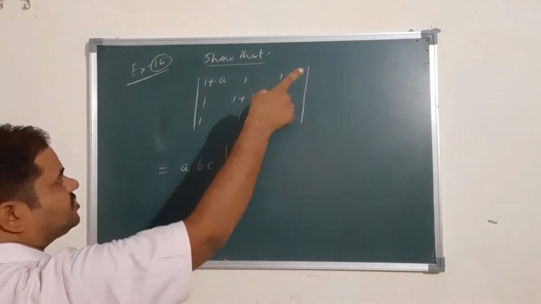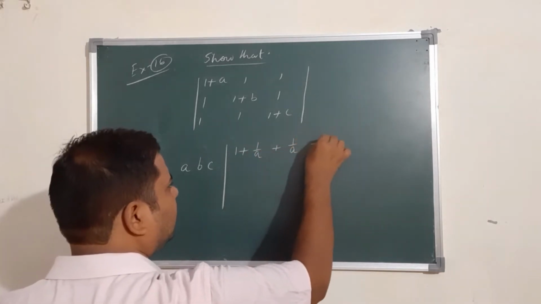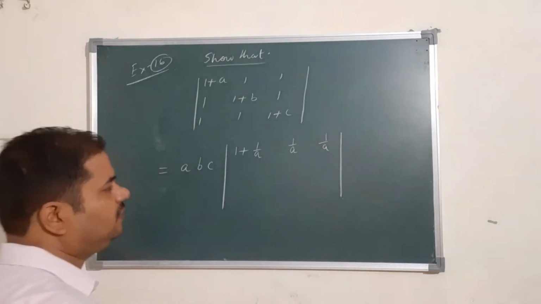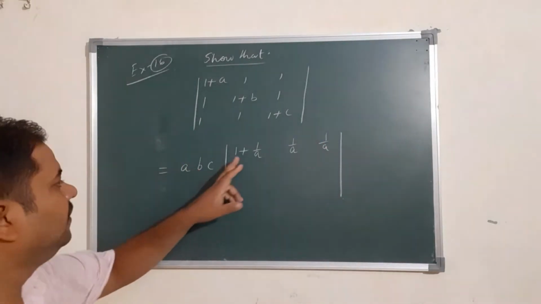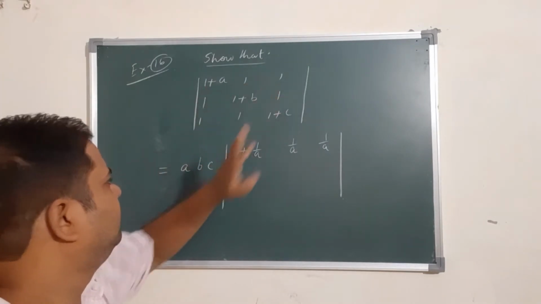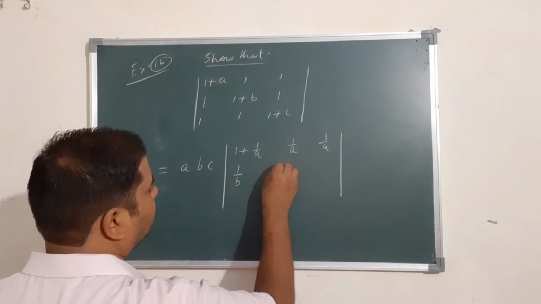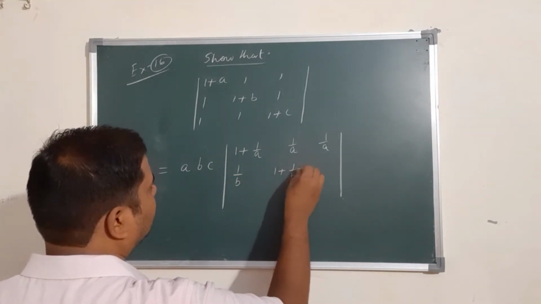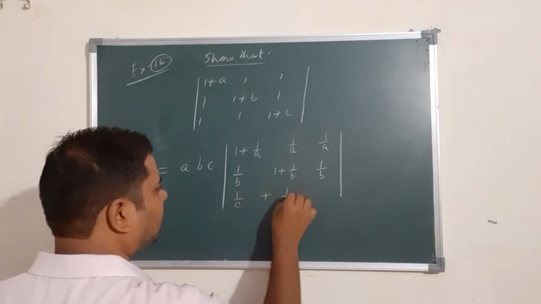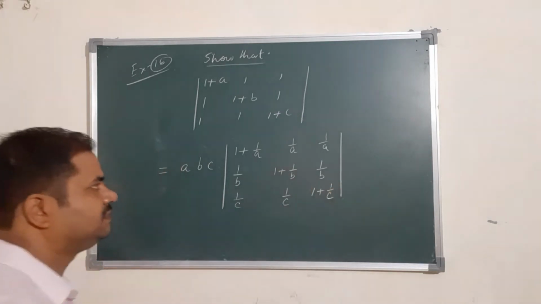A from the first row, so 1 plus 1 upon a, 1 upon b, 1 upon c, and taking b from the second row, 1 upon a, 1 plus 1 upon b, 1 upon c, and then 1 upon a, 1 upon b, 1 plus 1 upon c.